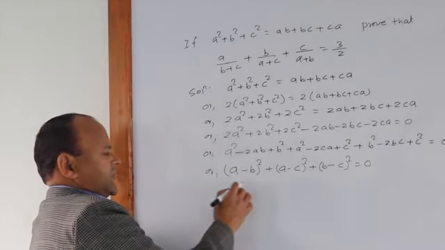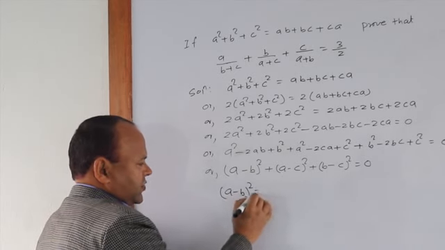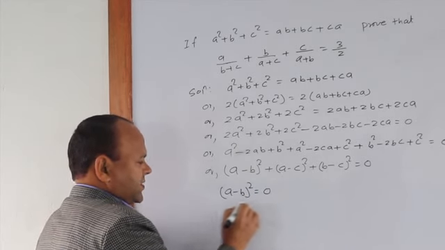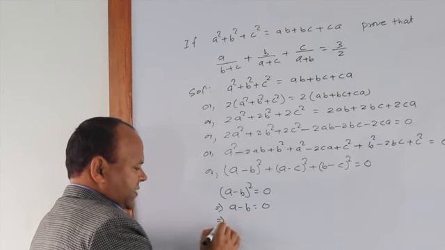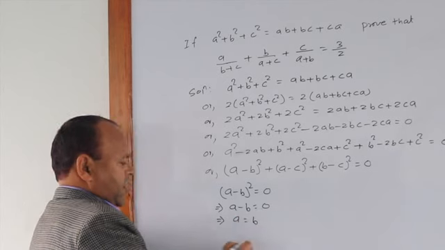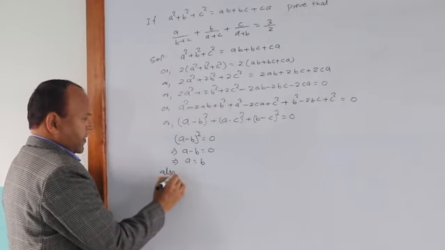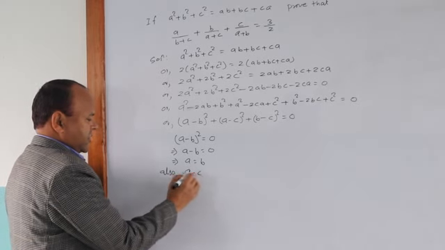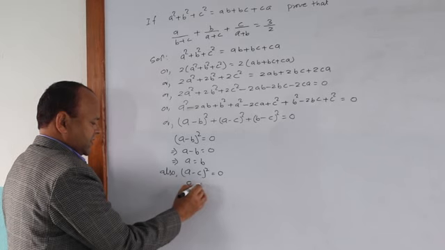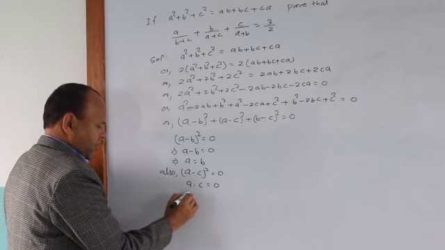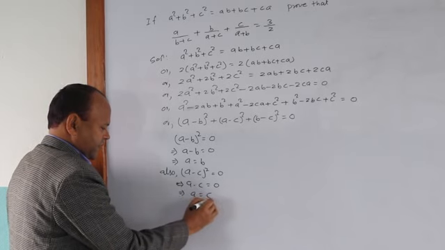So what we get is that a minus b whole square is equal to 0, which implies a minus b is equal to 0, implies a is equal to b. Also a minus c whole square is equal to 0, so a minus c is equal to 0, or implies a is equal to c.